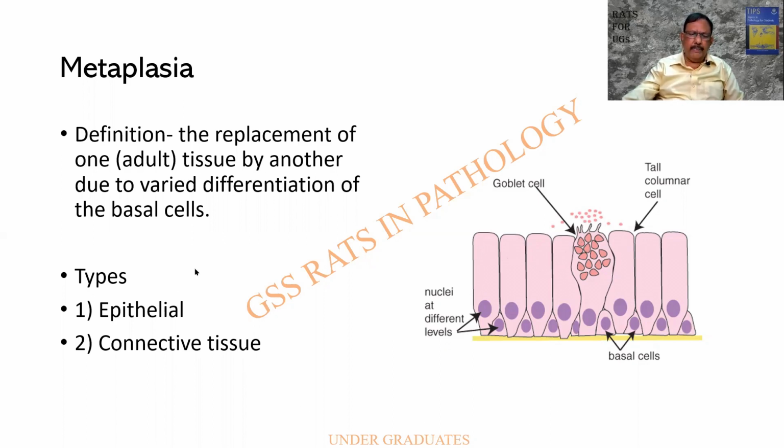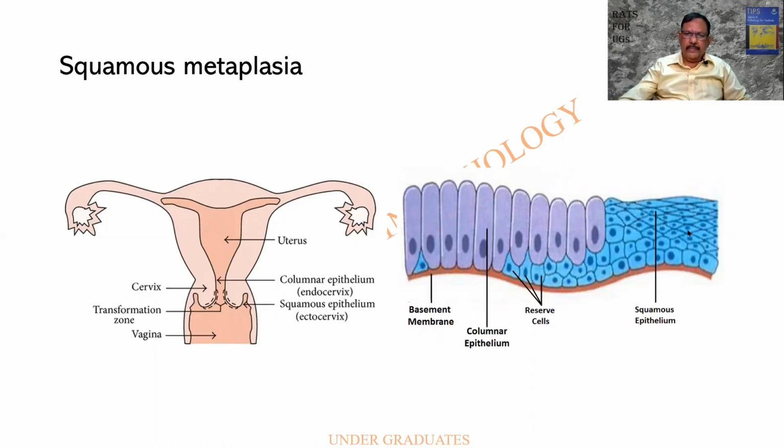The types of metaplasia should be divided into epithelial metaplasia and connective tissue metaplasia. Let us see the examples. Now, look at these diagrams carefully. I am going to explain the squamous metaplasia. This is a diagrammatic representation of the uterus, the body of the uterus, the fallopian tube, but we are more bothered about the cervix.